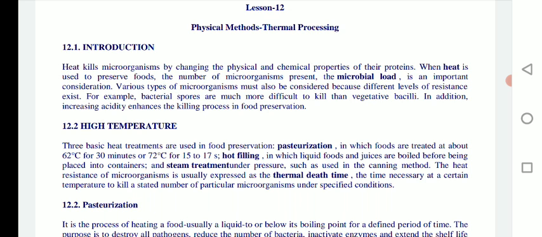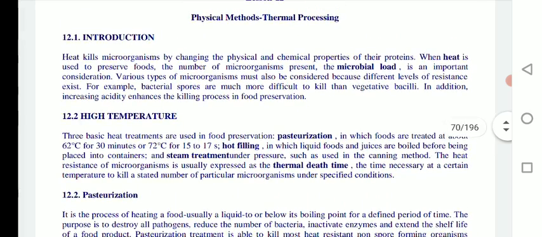In a previous lecture, in case of milk, we have seen that we use pasteurization techniques. There are different modes of pasteurization we have studied, for example the high temperature short time method or ultra high temperature method. In case of food also the same principles are applied.